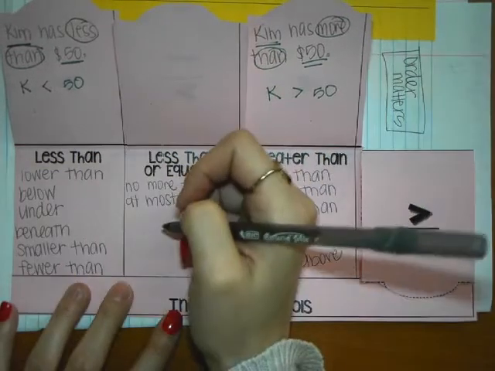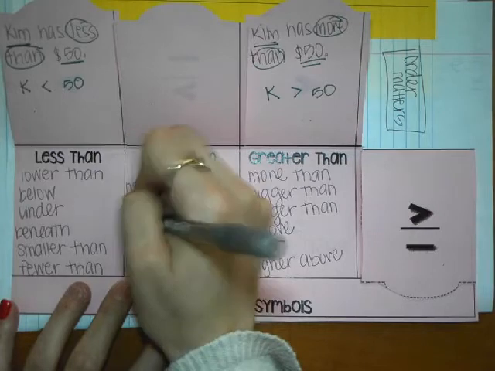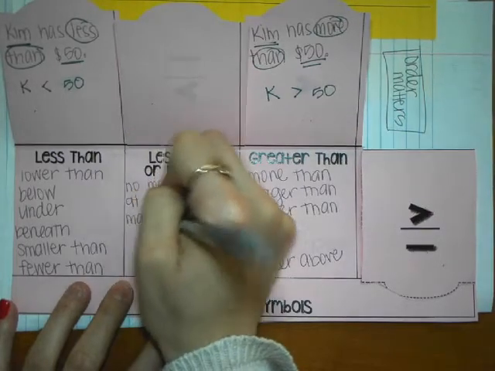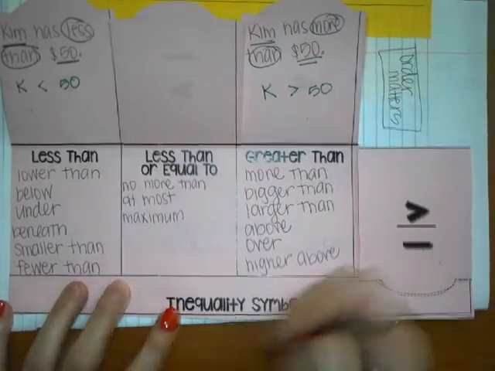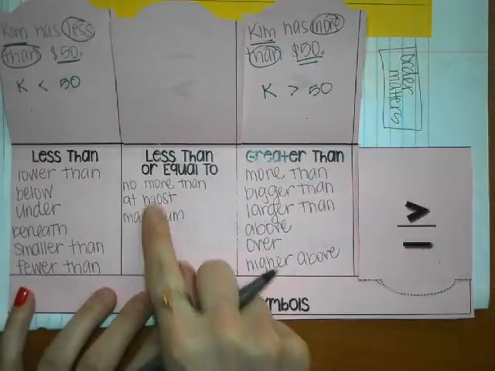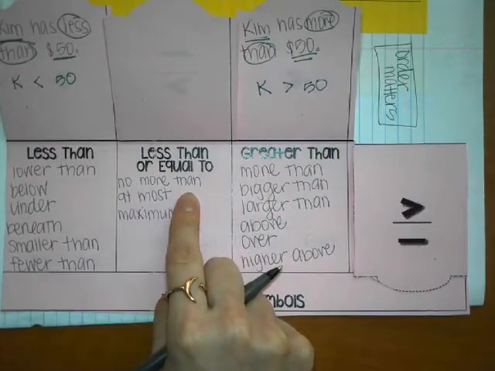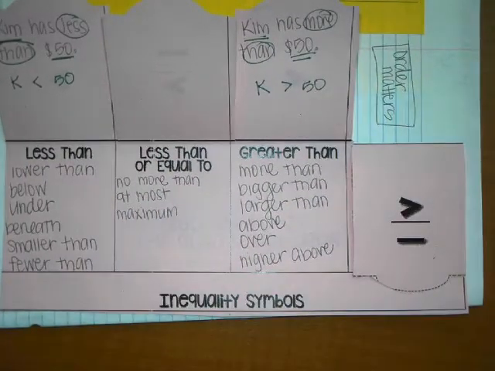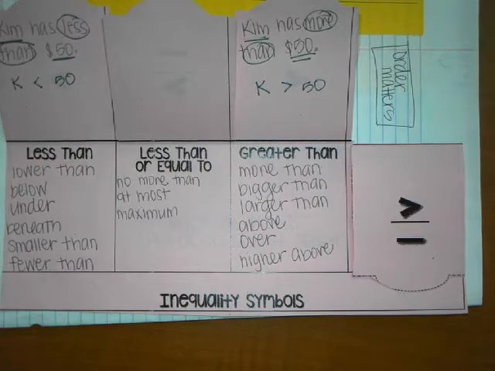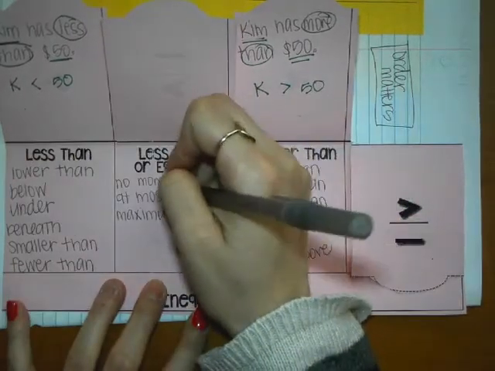Jack? Maximum. Excellent. Luke? Well, no more than and no less than are opposite, so I can't have both. Instead of the word more there, guys, what other word could I replace more with? No bigger than.